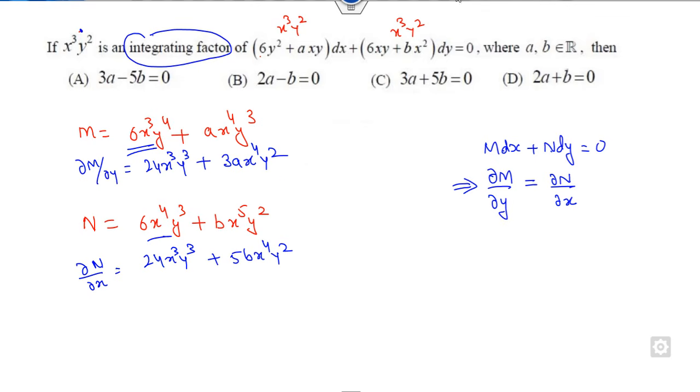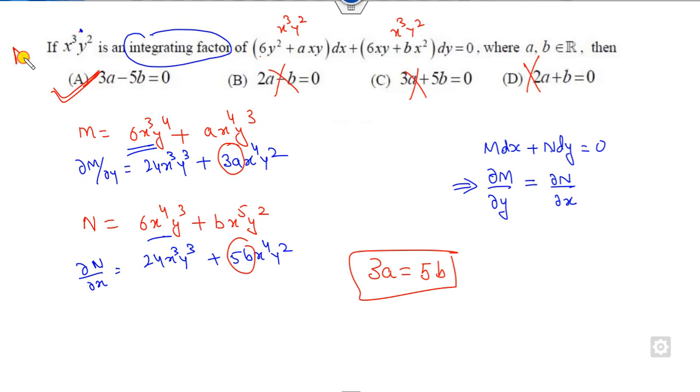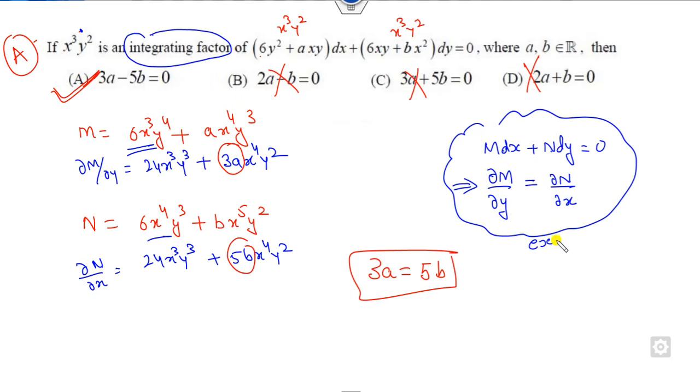Both are the same, which clearly says that 3a = 5b is the right answer. So this option cancels, this cancels, this cancels, and only A is the correct answer. Remember, this is the rule for the exact differential equation.